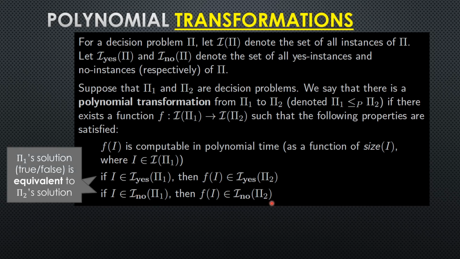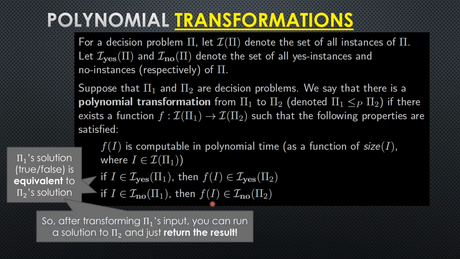So what this is saying is that pi 1's solution, given input I, is equivalent to pi 2's solution, given input f of I. If you think about it, this justifies transforming pi 1's input into an input to pi 2, running some solution for problem pi 2, and then immediately returning the result, because the result of running f of I in pi 2 is exactly what you should return if you're trying to solve I on pi 1.